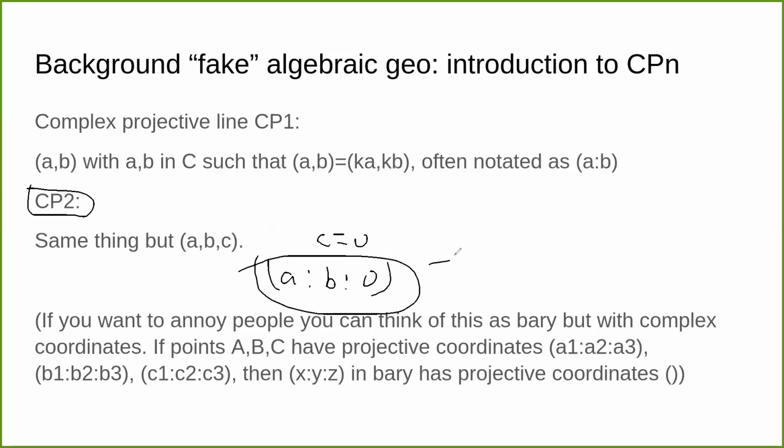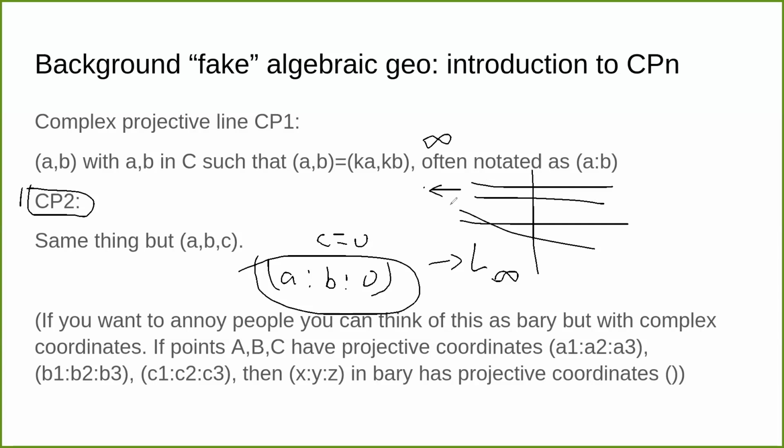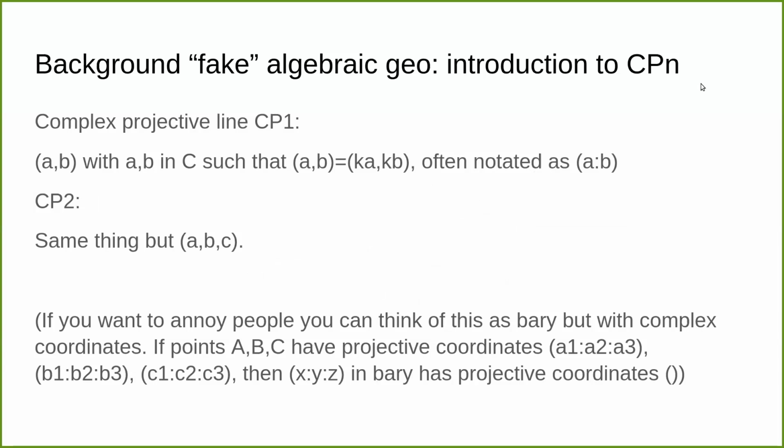We call this the line at infinity. The nice thing about CP2 is that you don't have undefined parts of lines anymore. If you have any two lines, they will always intersect at some point, even if it's at infinity, if they're parallel, right? So that's a nice thing with CP2, and we will elaborate on this some more.